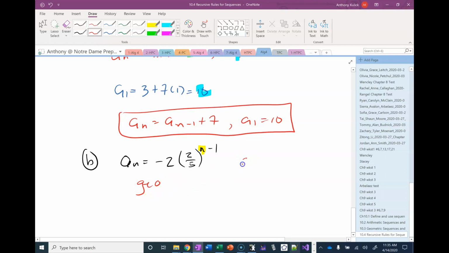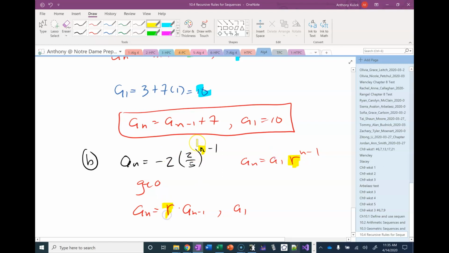The explicit formula for a geometric sequence is the first term times r to the n minus 1. For my recursive formula, I need r and I need the first term.